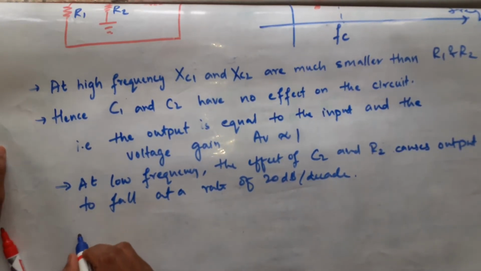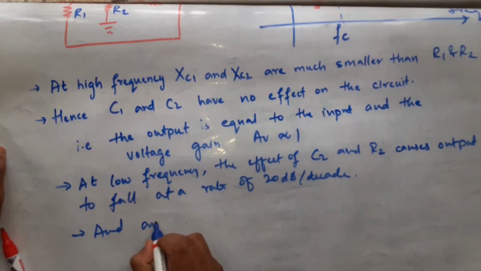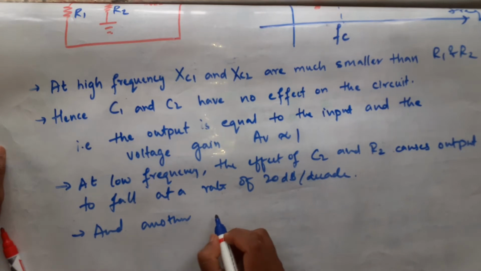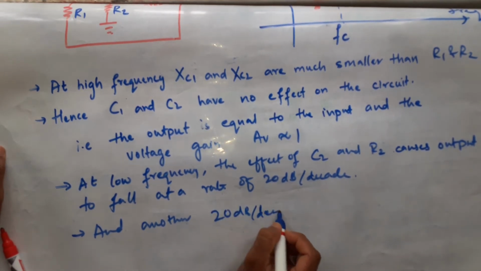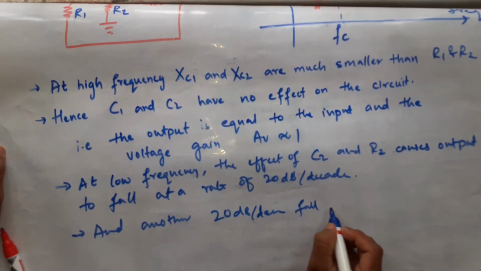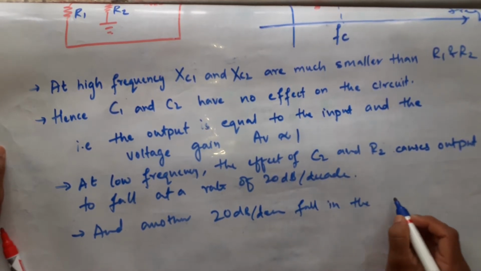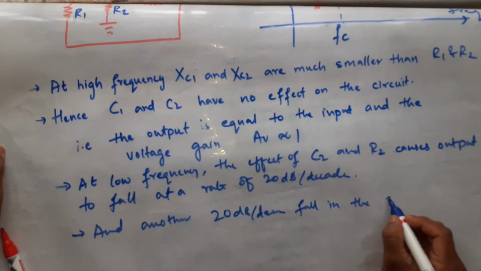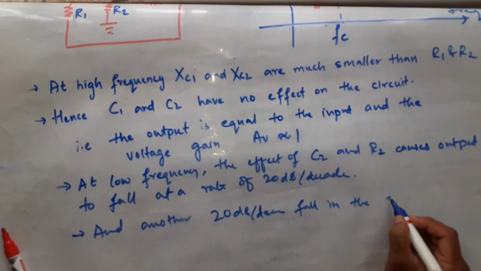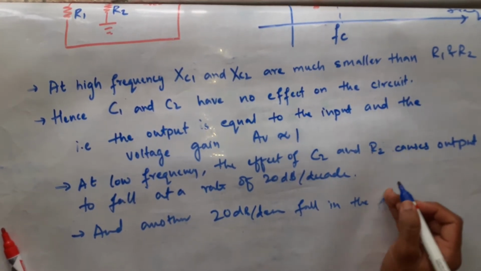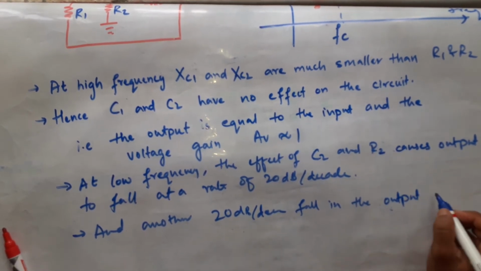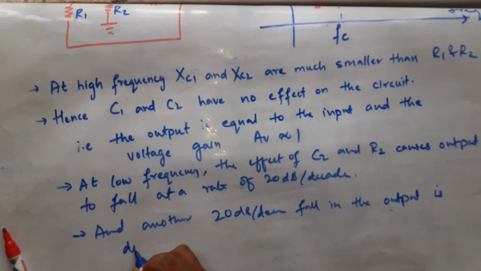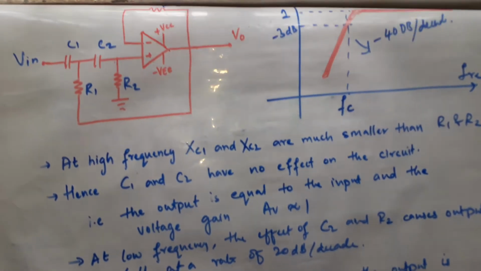And another 20 dB per decade fall in the gain, fall in the output is due to C1 and R1.